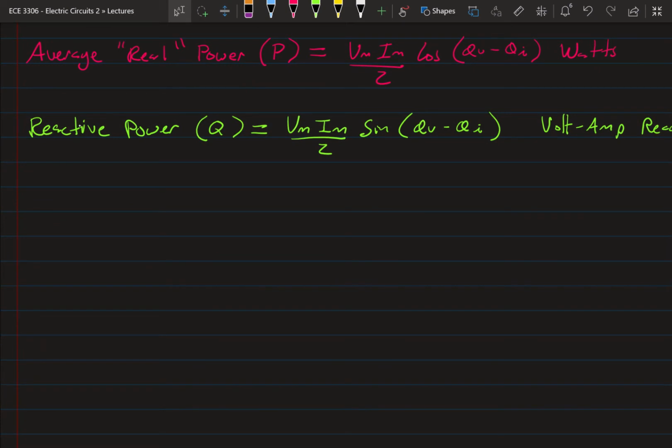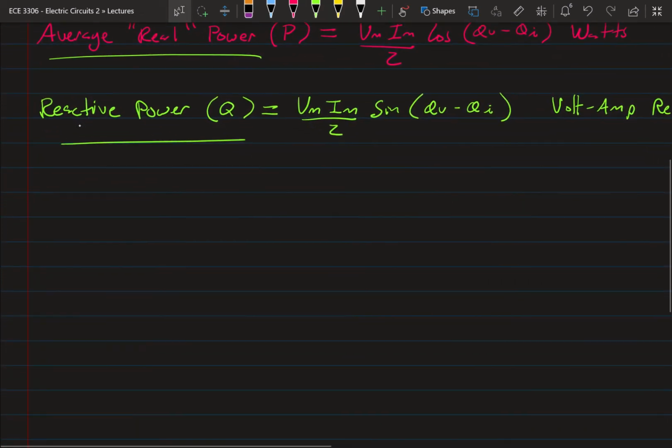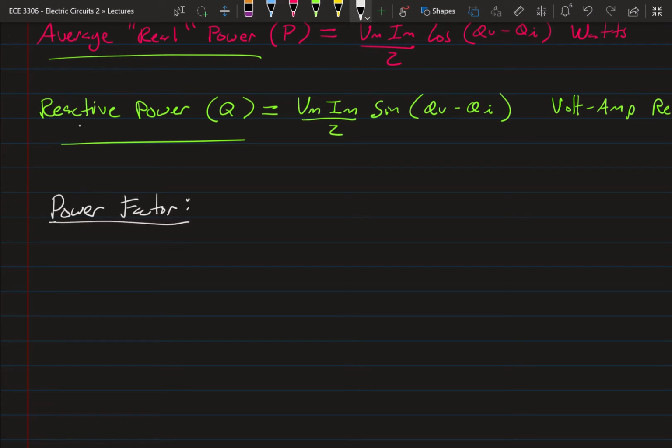So that's average power, and that's reactive power. There's one more thing that we'll talk about right now, and it'll come up again later, called the power factor. It basically tells us which comes first, the voltage or the current.